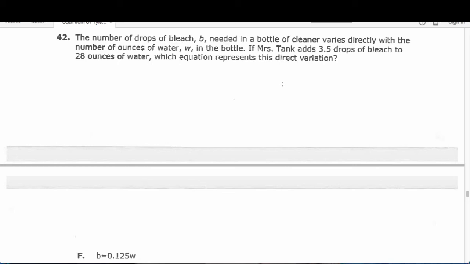Question 42. The number of drops of bleach, B, needed in a bottle of cleaner varies directly with the number of ounces of water, W, in the bottle. If Miss Tank adds 3.5 drops of bleach to 28 ounces of water, which equation represents this direct variation?